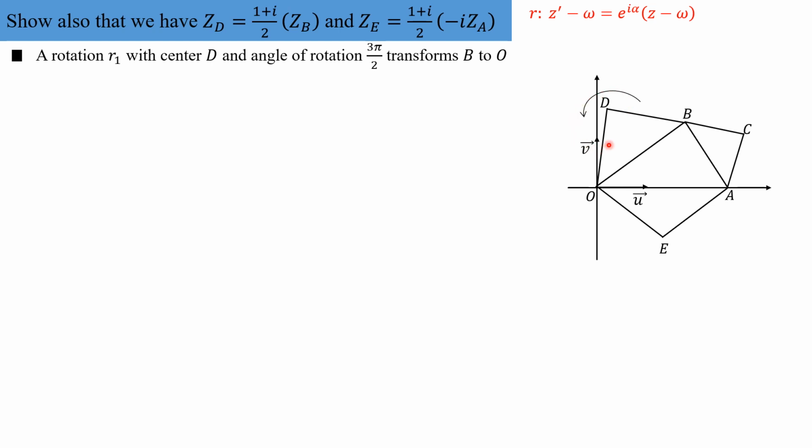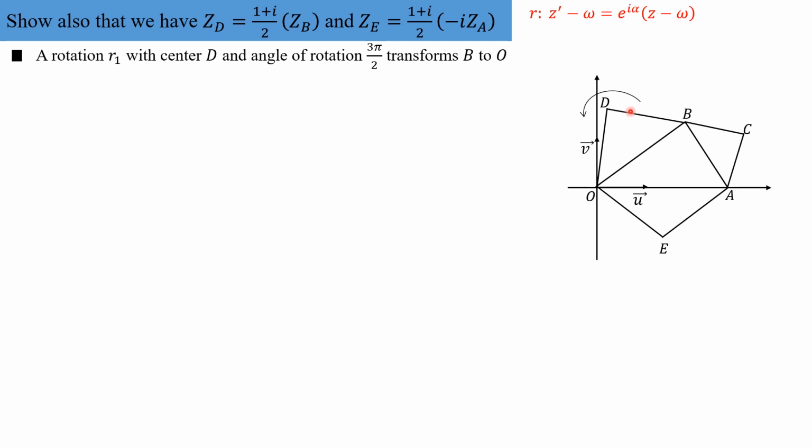So the angle of rotation is the exterior angle between the two lines, that is the line joining the points D and B and the line joining the points D and O. It gives me the angle of rotation. Remember, the exterior angle and not the interior angle. Clearly this right angle triangle is right at the point D, so the interior angle between the two lines, that is this line and this other line, is 90 degrees, but that is not our angle of rotation.